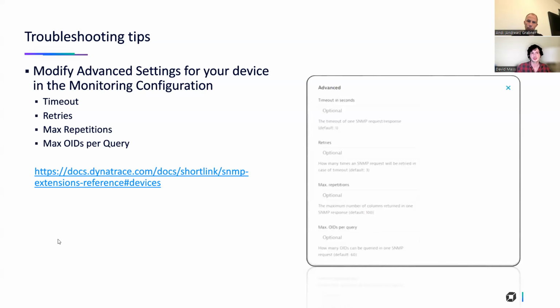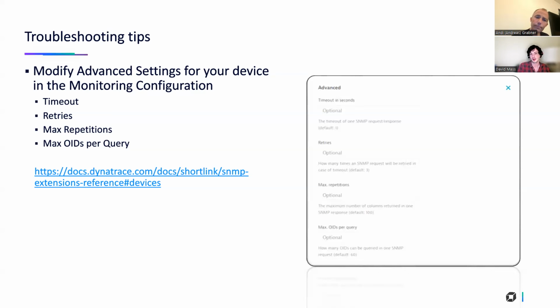as well as some more SNMP-specific configurations. So this is max repetitions, which controls how many rows are returned if we are querying a table. This can help tune to make sure that on the device side, we're not asking for too much data at one time, or asking for more data than it might be able to respond with.